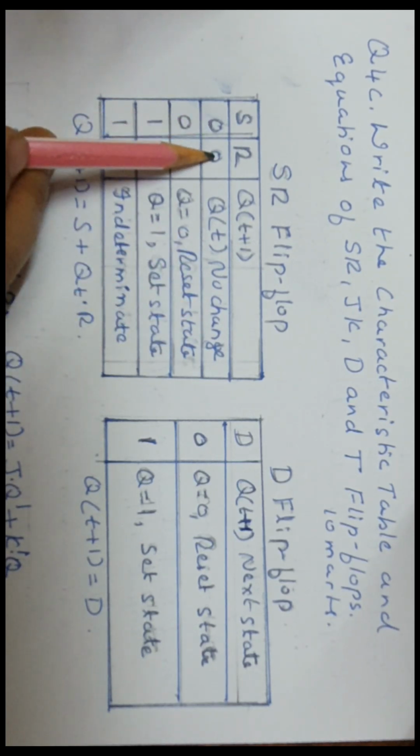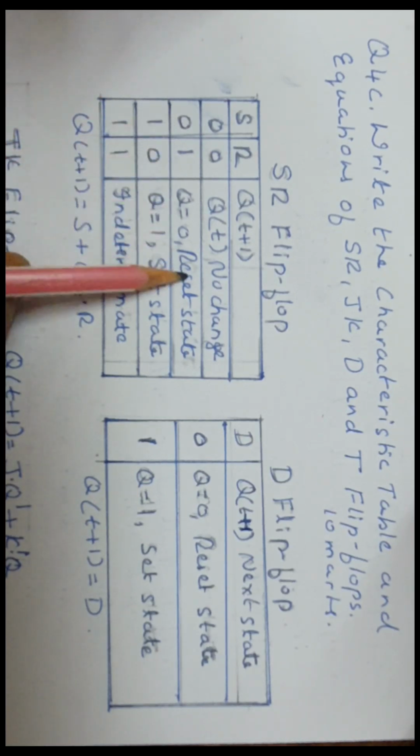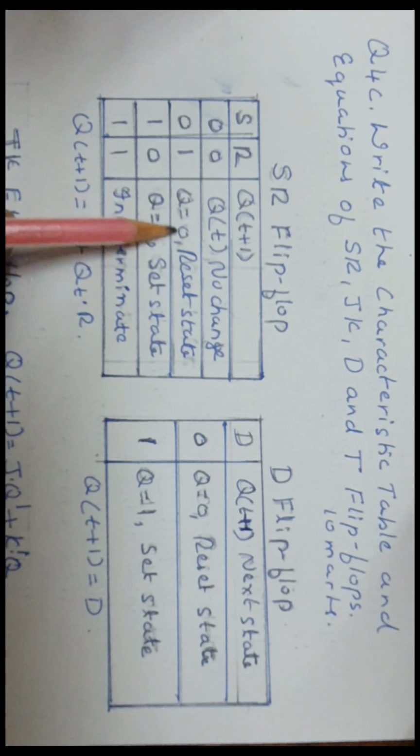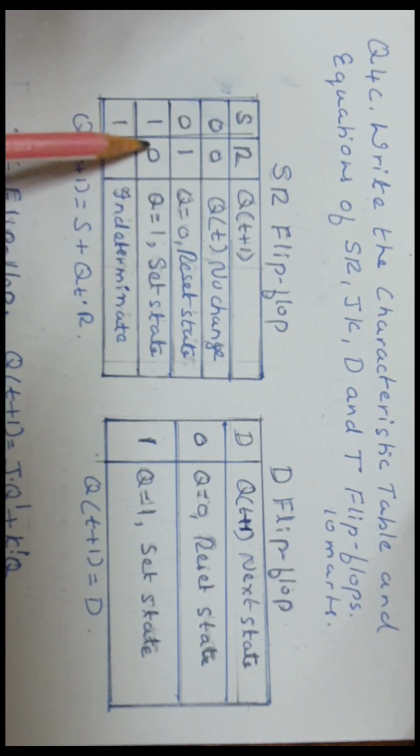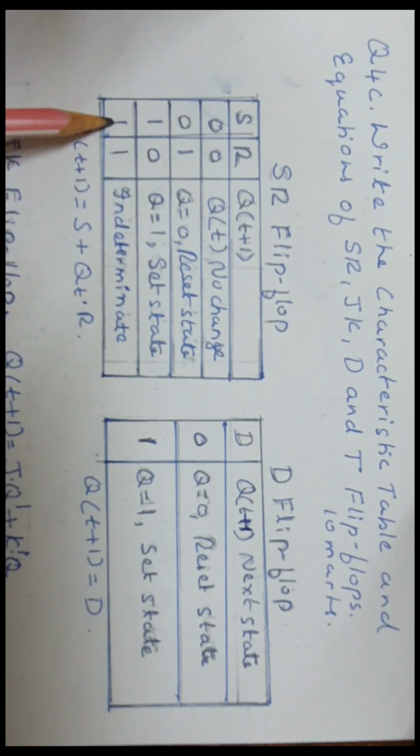For S and R, if both the inputs are 0, 0, there is no change. If 0, 1 means it is reset state, output Q will be 0. 1, 0 input, for that Q will be 1. That is set state. Q output will be set to 1. S and R both are 1, that will lead to indeterminate output state. That will create race around condition.